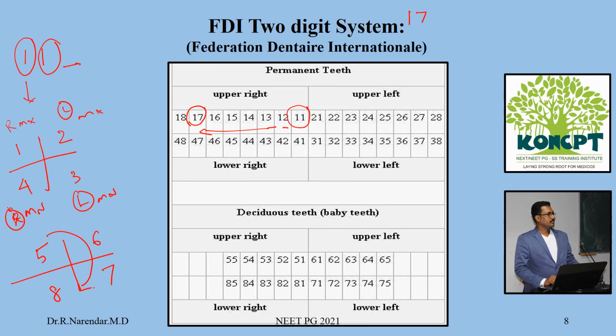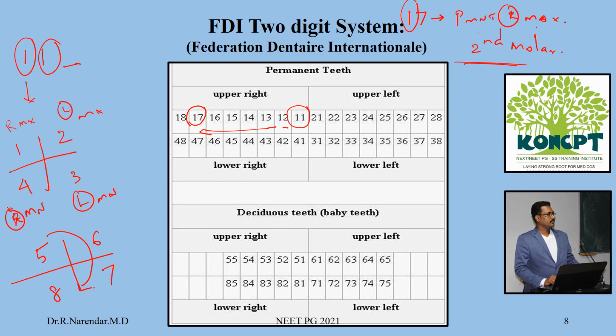If it has been given as 1 7, that is 1 designates permanent right maxillary, and which tooth it is? Second molar. 1 7 denotes permanent right maxillary second molar.